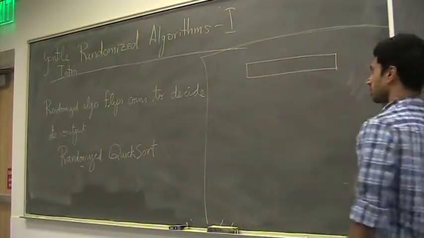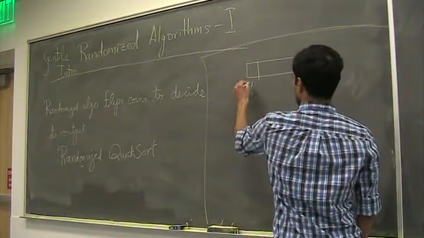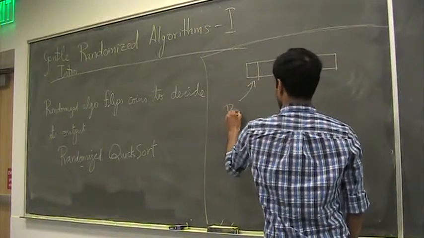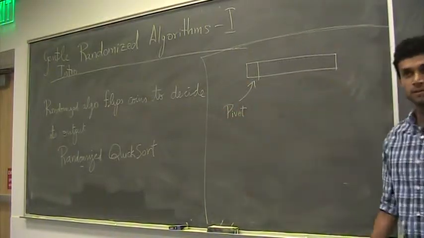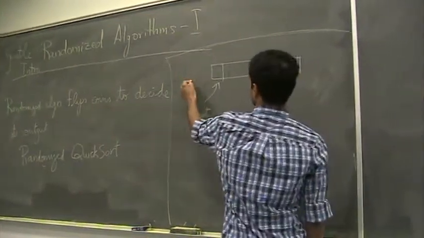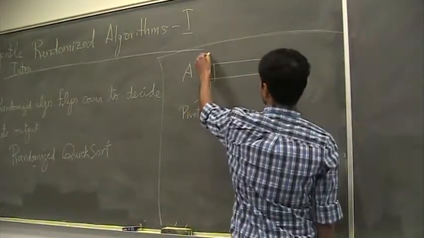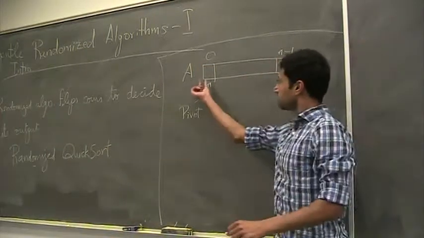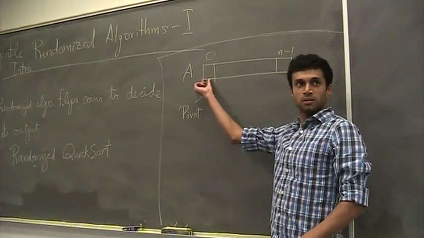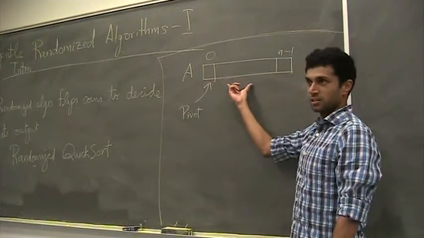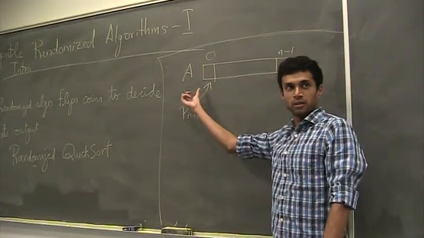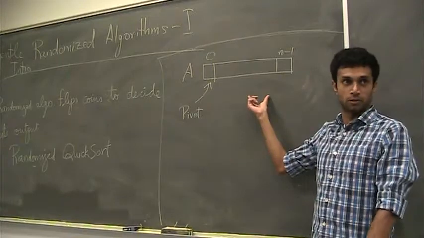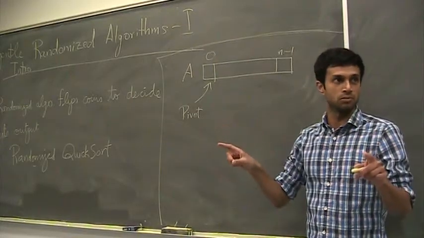So what does quicksort do? Quicksort starts with a pivot, right? So it looks at, let's say this is your array A, and let's just say index 0 to n minus 1. It picks this as the pivot. And then it takes everything that's less than the pivot, puts it on the left. Everything that's more than the pivot, puts it on the right. And then recursively calls on those.